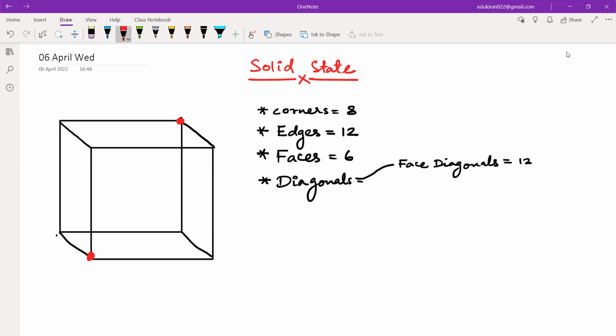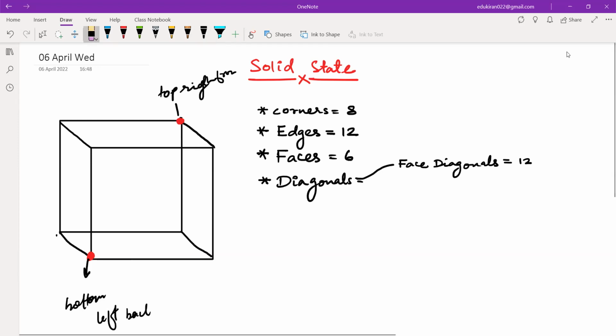This is the top right in the front, and this will be bottom, on the left side, and in the back. It depends how you are viewing the cube, but both of these are opposite corners, and the line joining opposite corners is known as a diagonal.